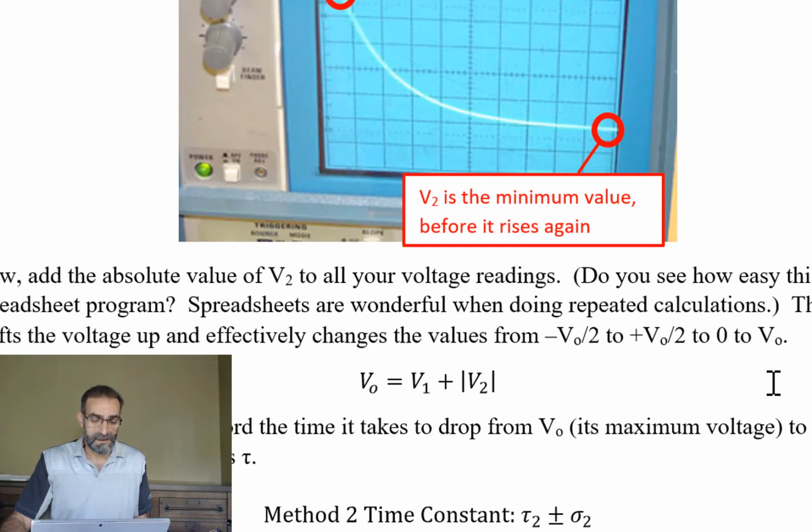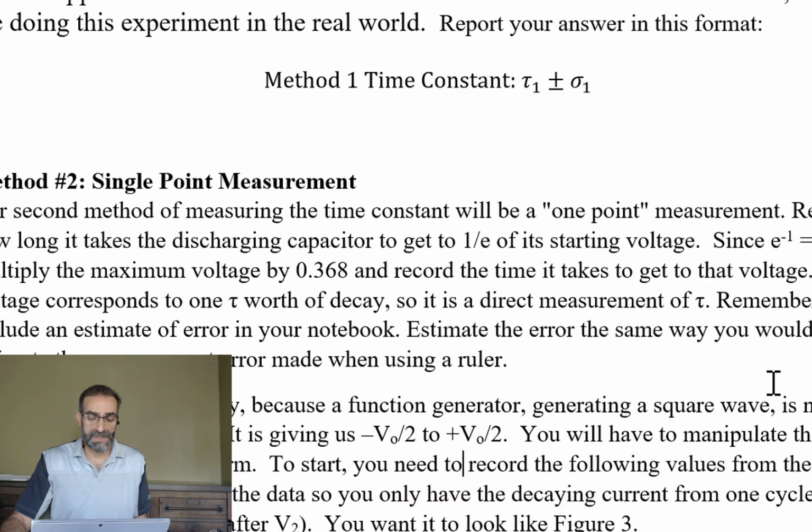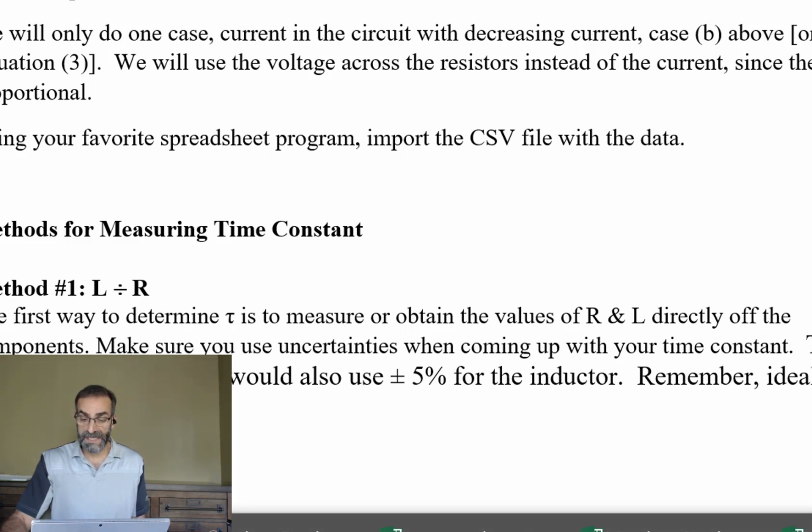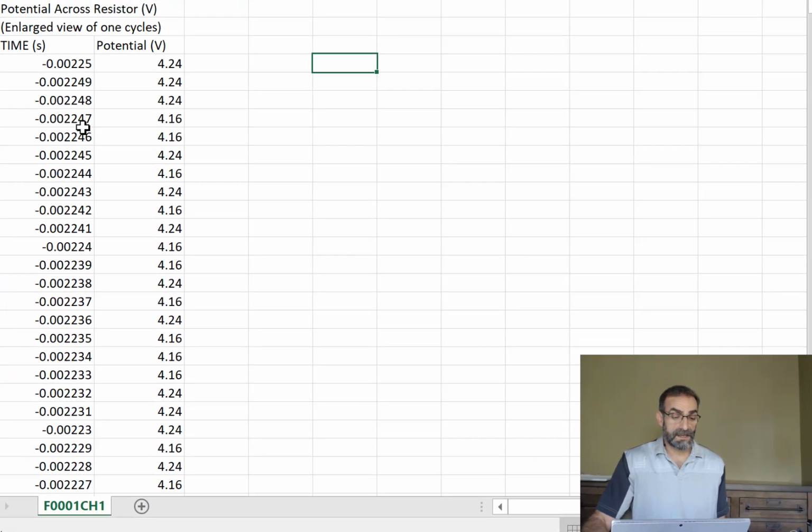Okay, so let's bring up some sample data. Data is a little different than yours. I used a different inductor, so the numbers I'm getting will not be the same as what you're getting. You're going to open up a data file, and it's going to look something like this. You're going to have multiple columns.